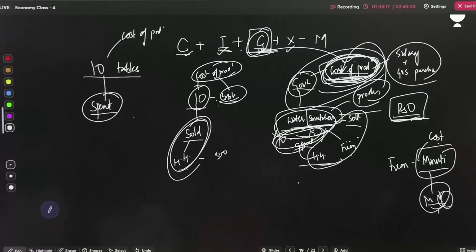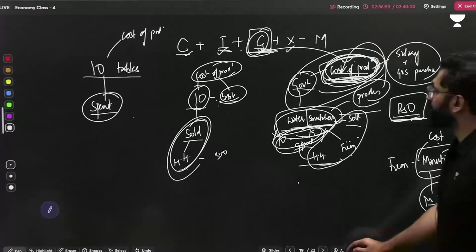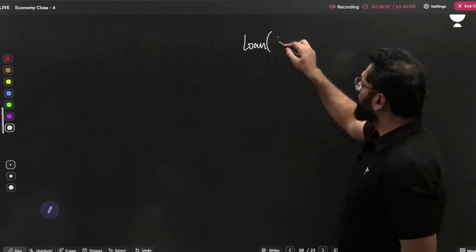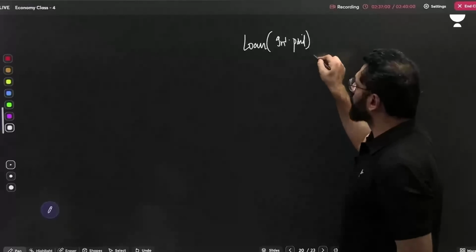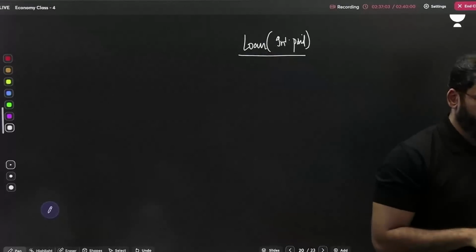So you can write down: expenditure done on buying land, shares or bonds will not be included, because there is no good or service produced.